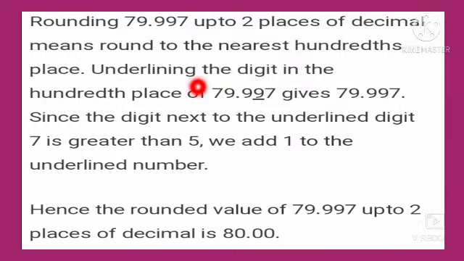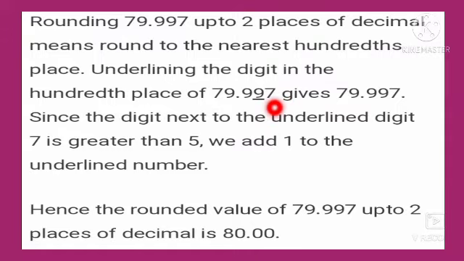First, as our first step, underline the digit in the 100th place of the decimal number 79.997. As our next step, we have to look at the digit to the right of the underlined digit.